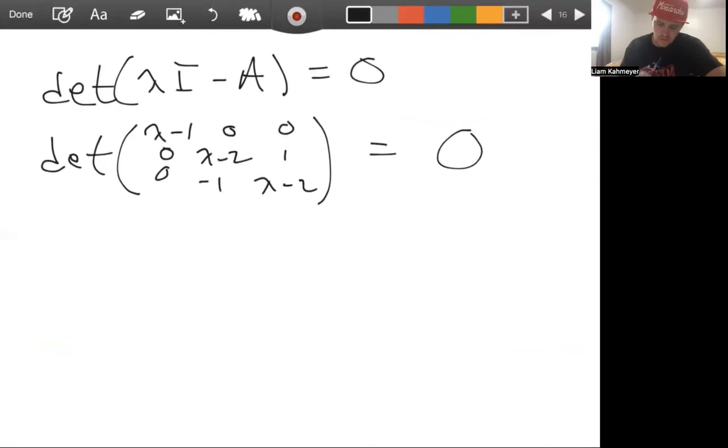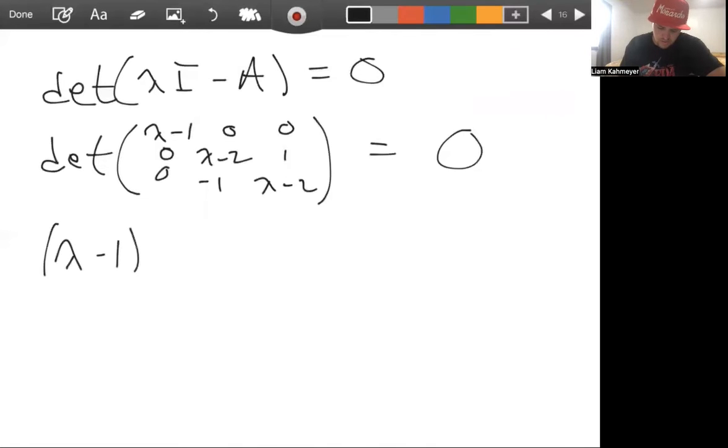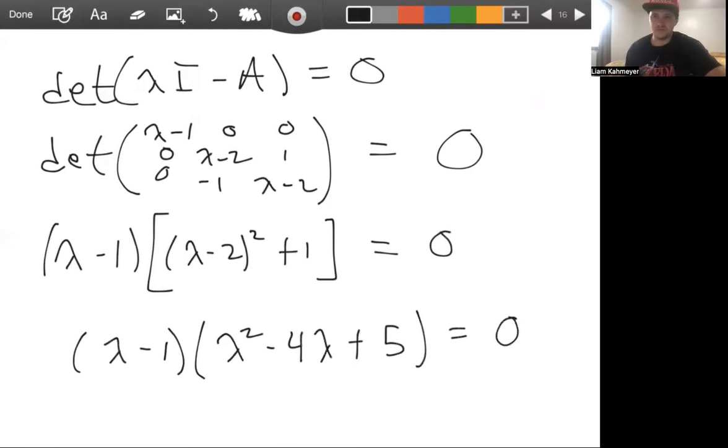What's the determinant? The only term that's going to be non-zero is the first term, if you're choosing either the first row or the first column, and that's lambda minus 1 times lambda minus 2 squared minus negative 1, so plus 1, equals 0, which simplifies to lambda minus 1 times lambda squared minus 4 lambda plus 5 equals 0.